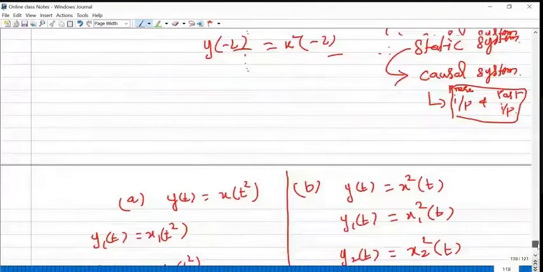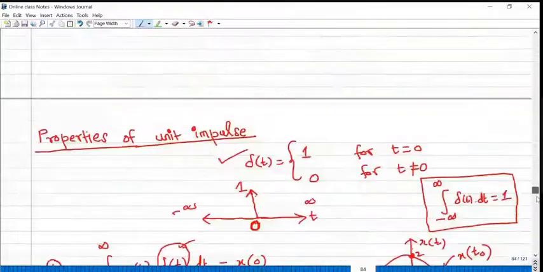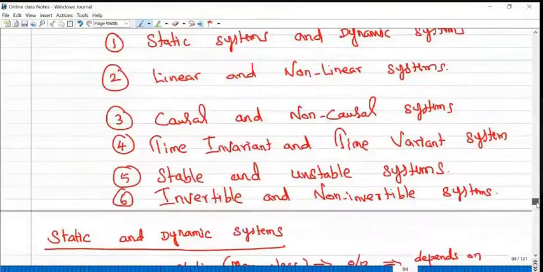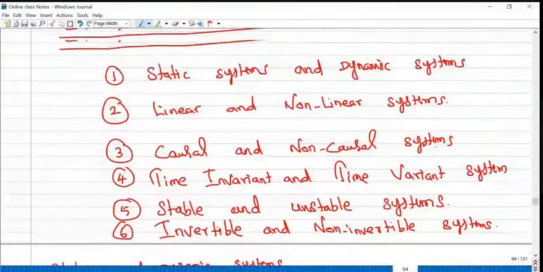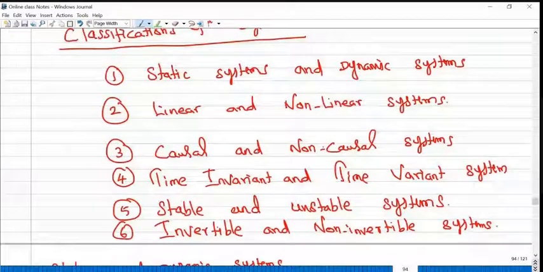So any doubt up to this particular stage? Classifications of system. You may expect a theory question also. List out the classifications of signals and systems. Explain with a suitable example. Or any 2-3 systems they will ask for 4 marks. Definition with example. Okay, so students should be ready either for theory questions or problem based questions.